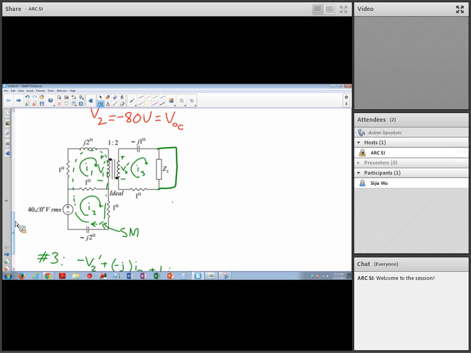And ZTH will equal to ZL equals. So this would cancel. Only have the real part left. Oh, that's why.